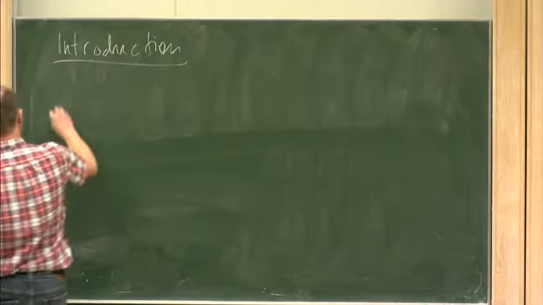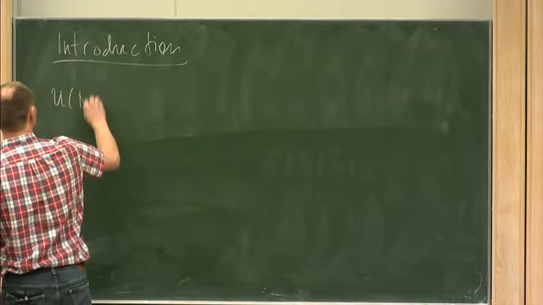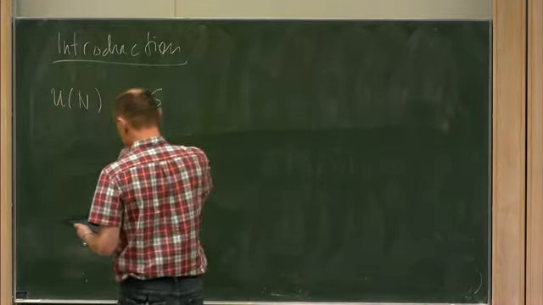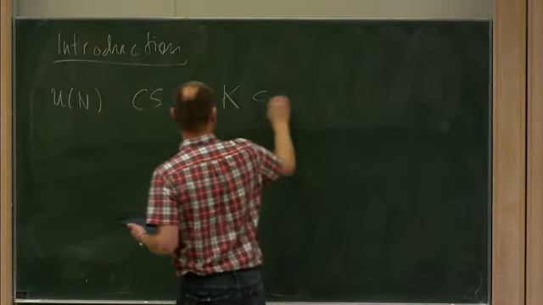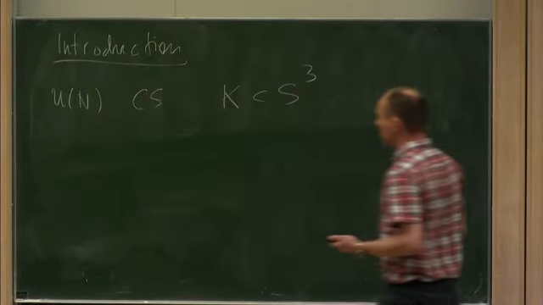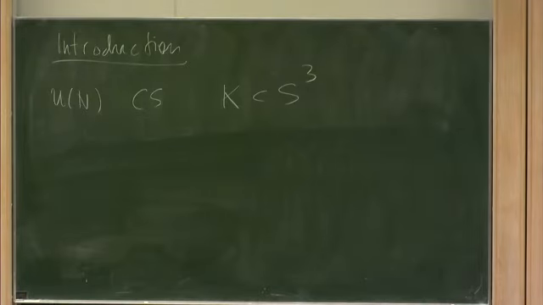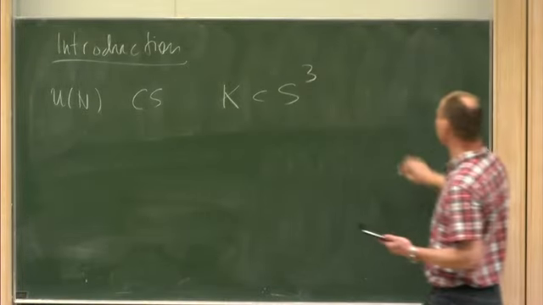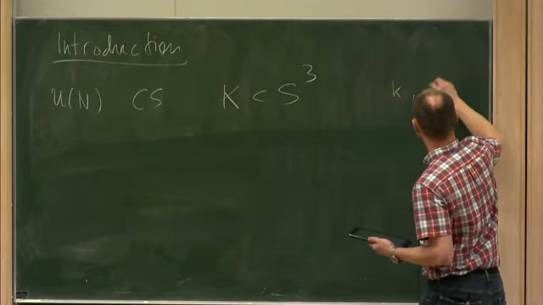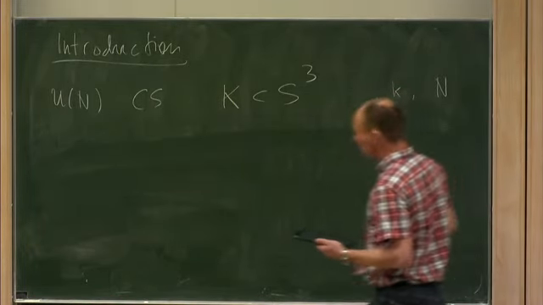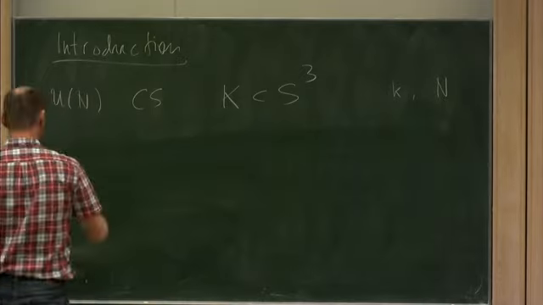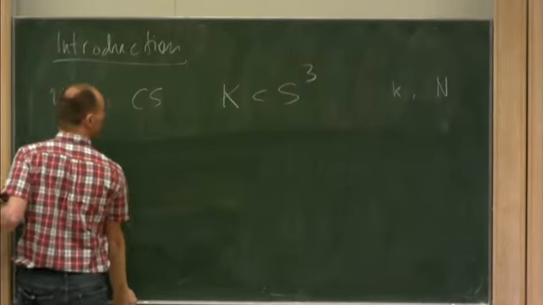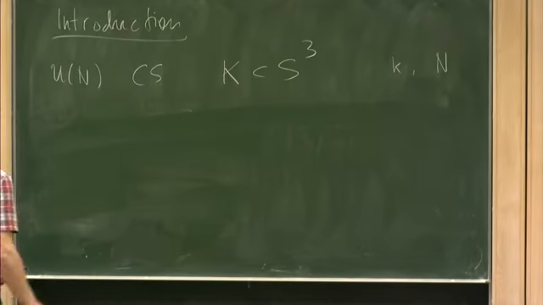Okay, so the starting point is this U(N) Chern-Simons theory with a knot for a knot in S^3. So there we have the level and the rank of the group, and we get these colored HOMFLY polynomials.